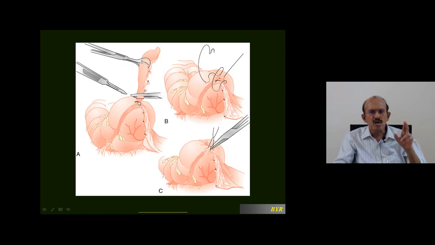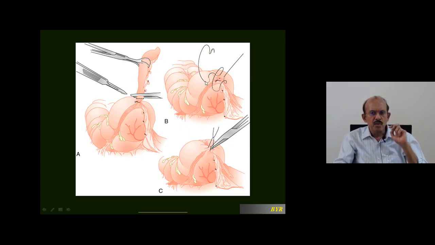That means it is not torn. Only the muscle coat is crushed. So there you will find a small groove. In that groove, you put a ligature and tie it. Then you incise the appendix and take away the appendix. So this is the appendicular stump.